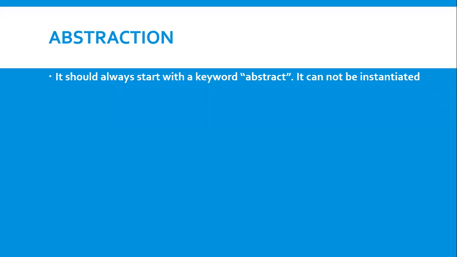Whenever you want to create an abstract class, as I already told you, it starts with the keyword abstract. Abstract classes don't have the facility of creating objects. What is the meaning of this? It cannot be instantiated, which means objects cannot be created for abstract classes.